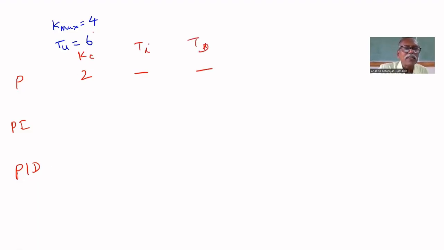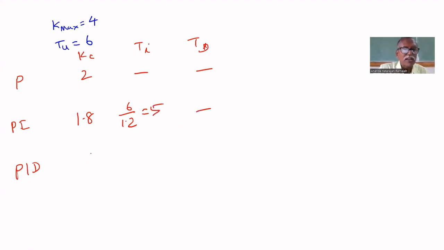For PI controller, it is 0.45 times K max, which means 1.8. Ti is Tu by 1.2. 6 divided by 1.2, how much? 5. So, no Td.